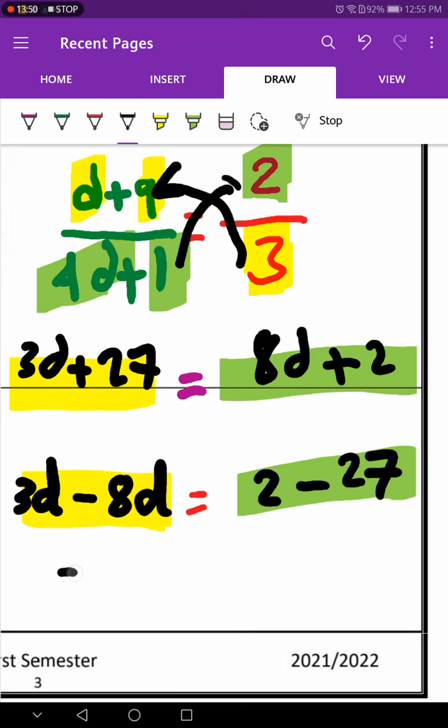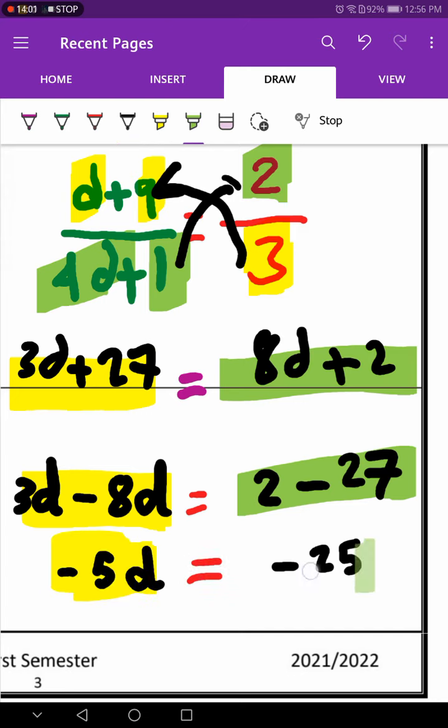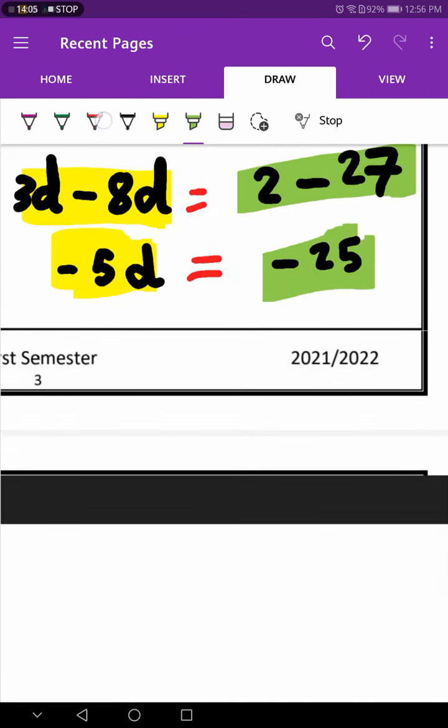Now this is negative 5D and this is negative 25, and the equal between them, and this is the left and this is the right. So divide by negative 5, divide by negative 5, so D must equal 5.